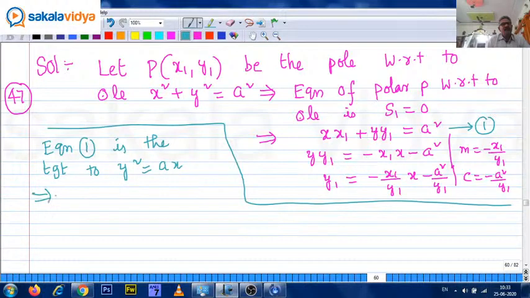Condition for tangency: a is equal to c by m. A means a only here. C is minus a square upon y1, divided by m. m means minus x1 upon y1. So what do you get now here?